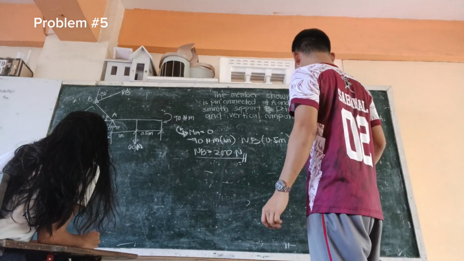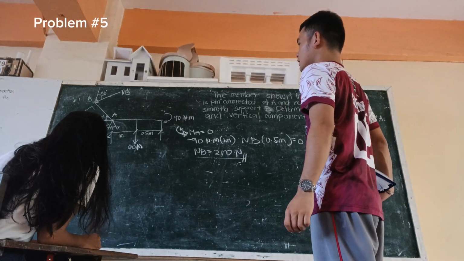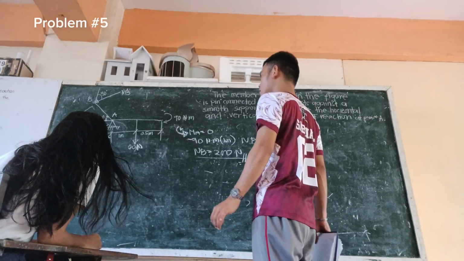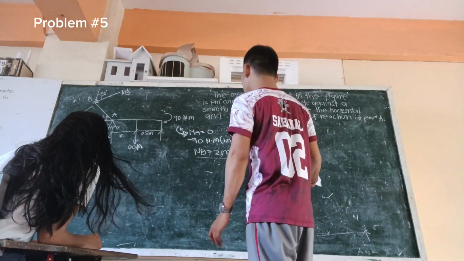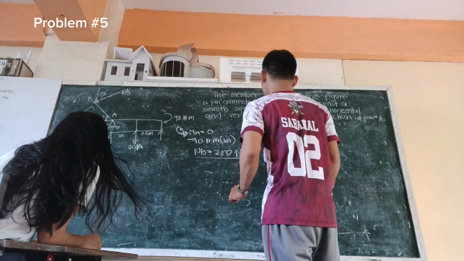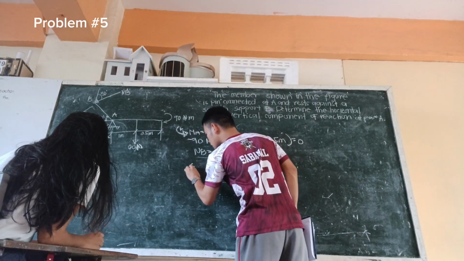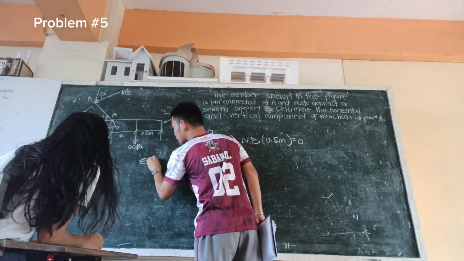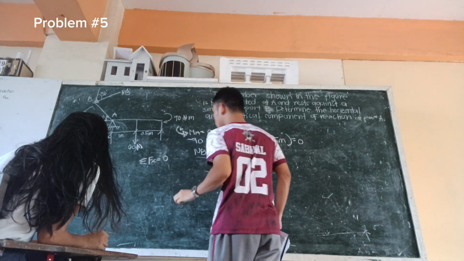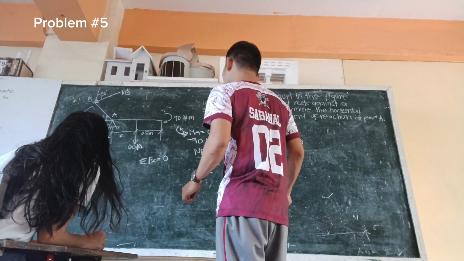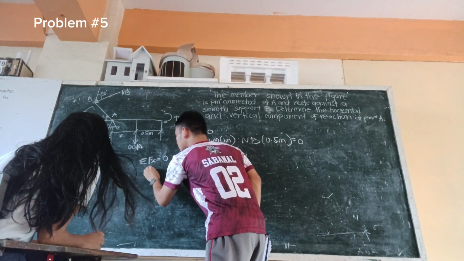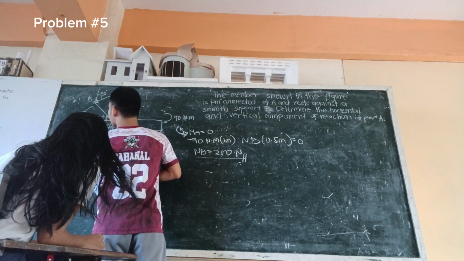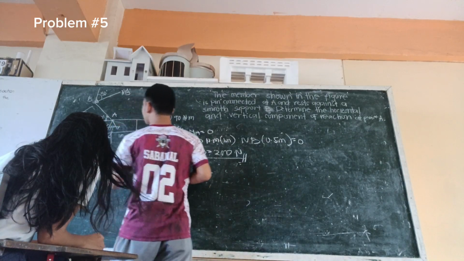So now, the next thing that we are going to do is solve for the forces along the x-axis, the horizontal axis. So the summation of forces along x is equal to 0. So AX is positive AX since it's going to the right.